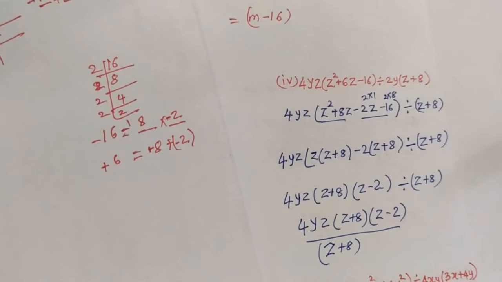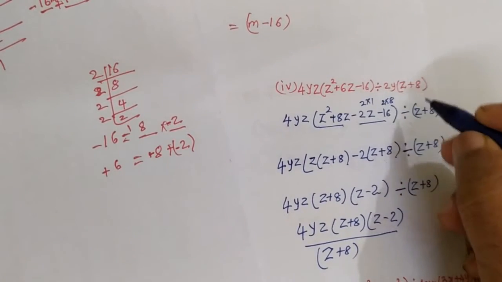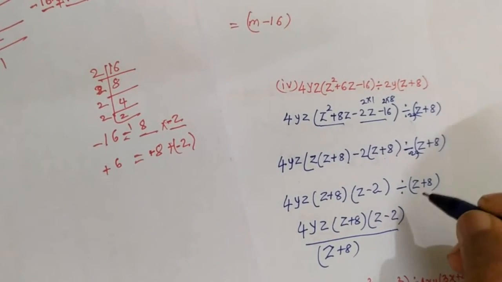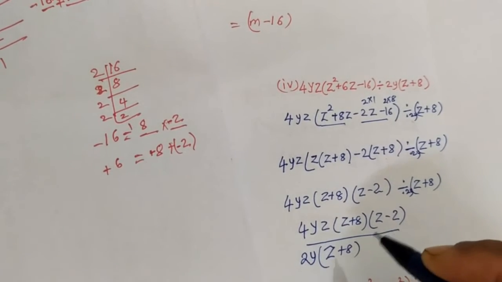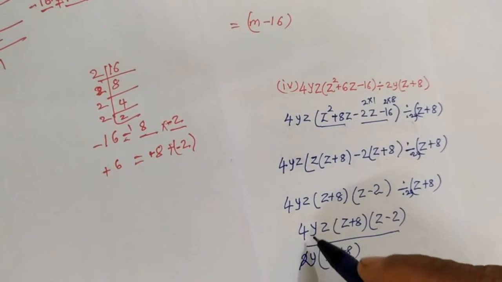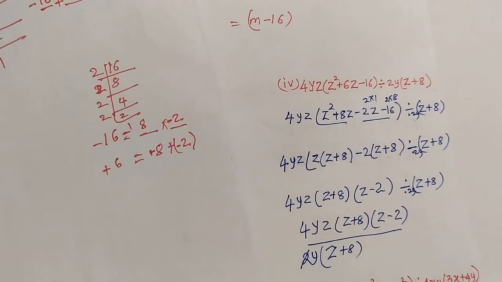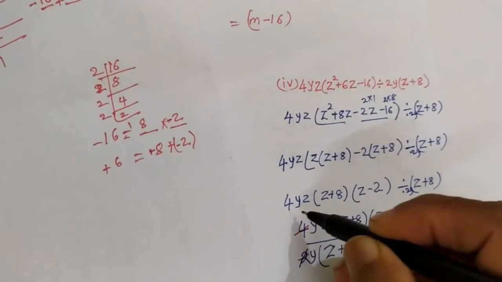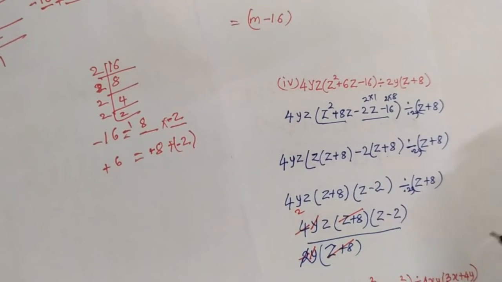We have not taken this 2y. Here there is 2y, and therefore this will come into 2y. So 2 1s are 2, we will cancel. 2 2s are 4, this y will cancel, and this z plus 8 will cancel.